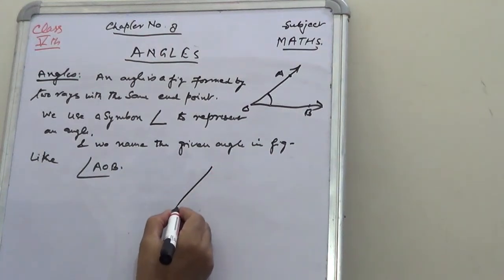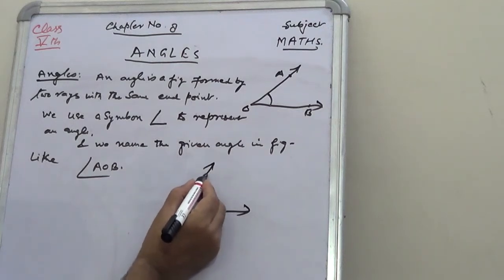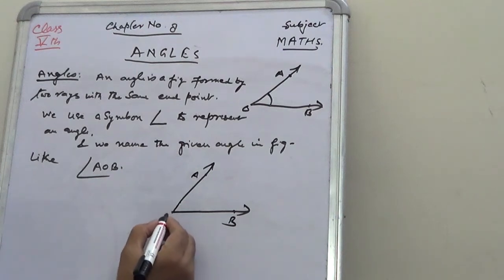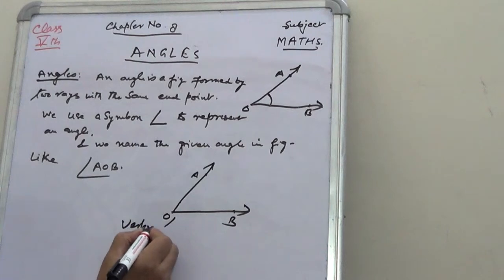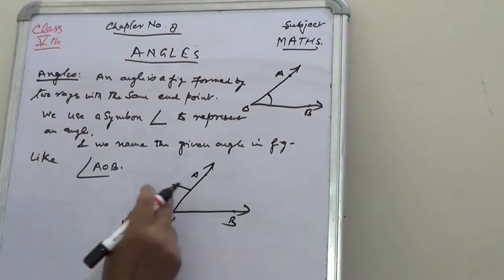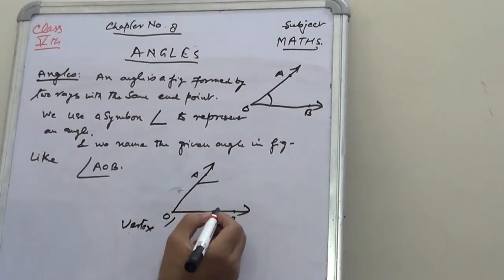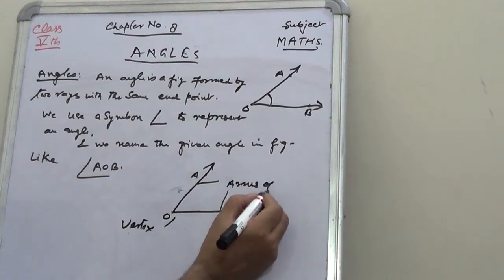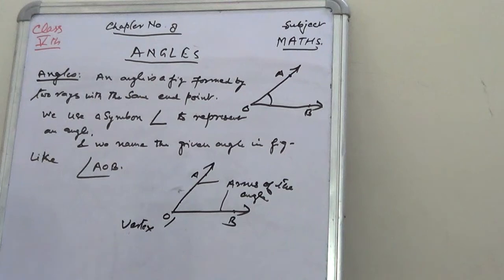Children, in angles we have three parts. This is called the vertex, and these are called the arms of the angle. These are called arms of the angle.